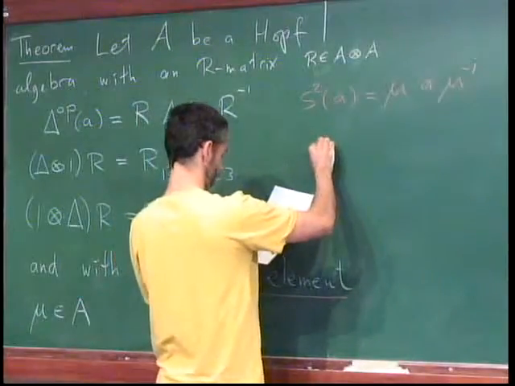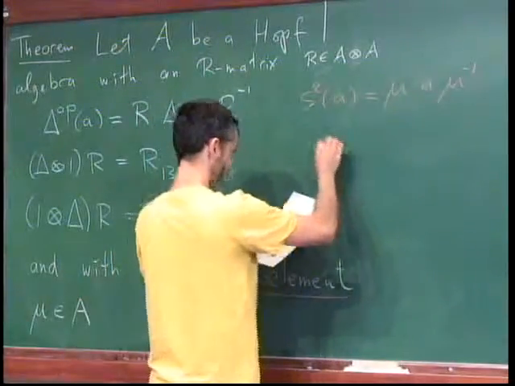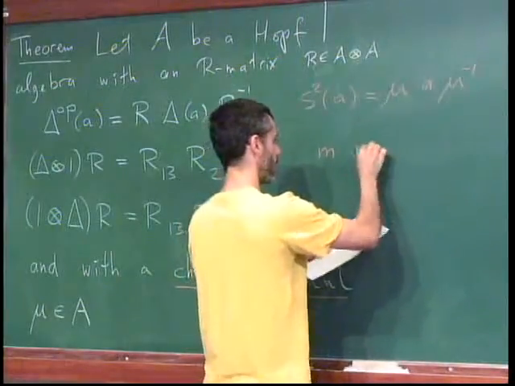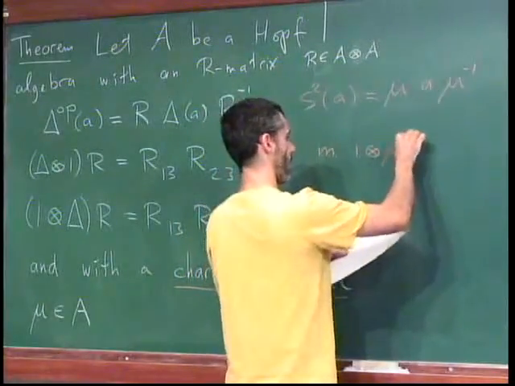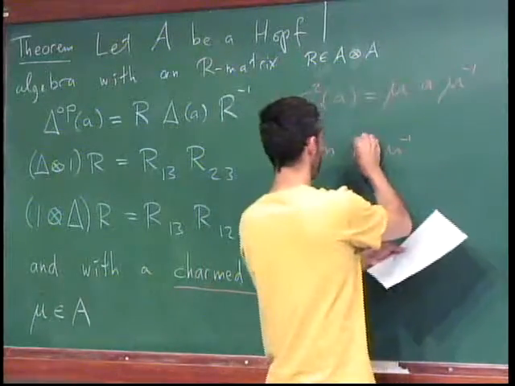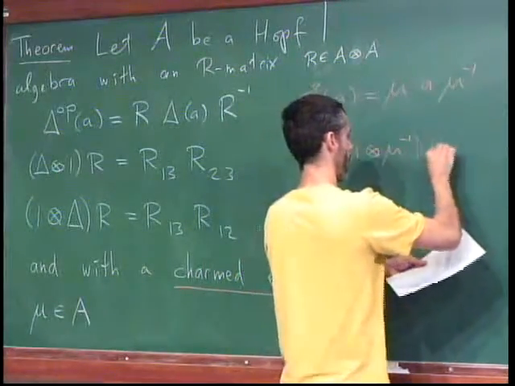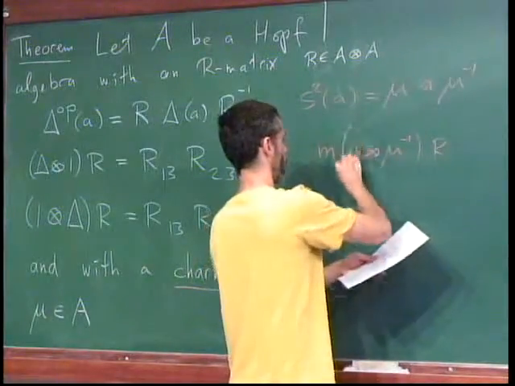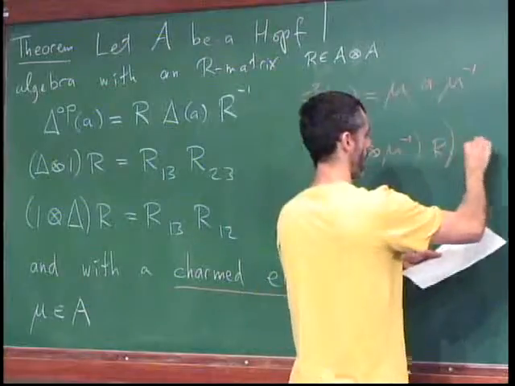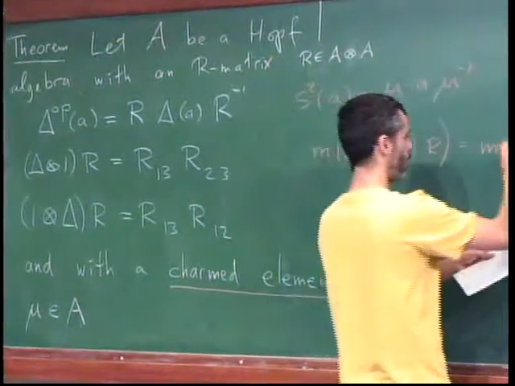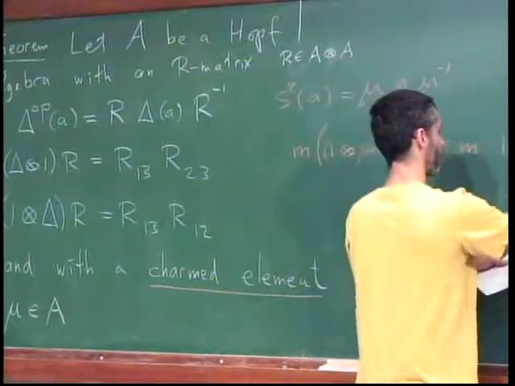Then the multiplication map applied to the product of this with R should be the same thing as the multiplication map of the product of one with mu.